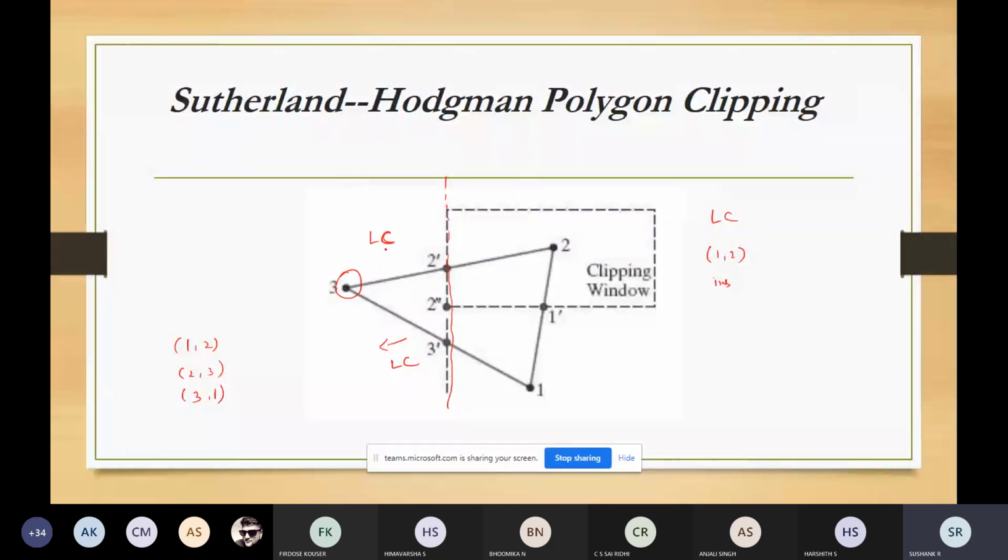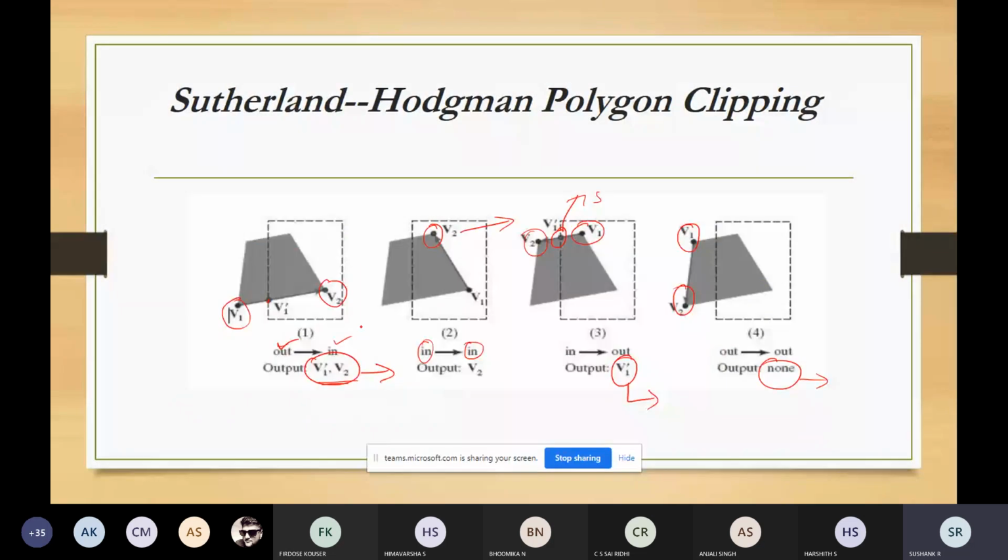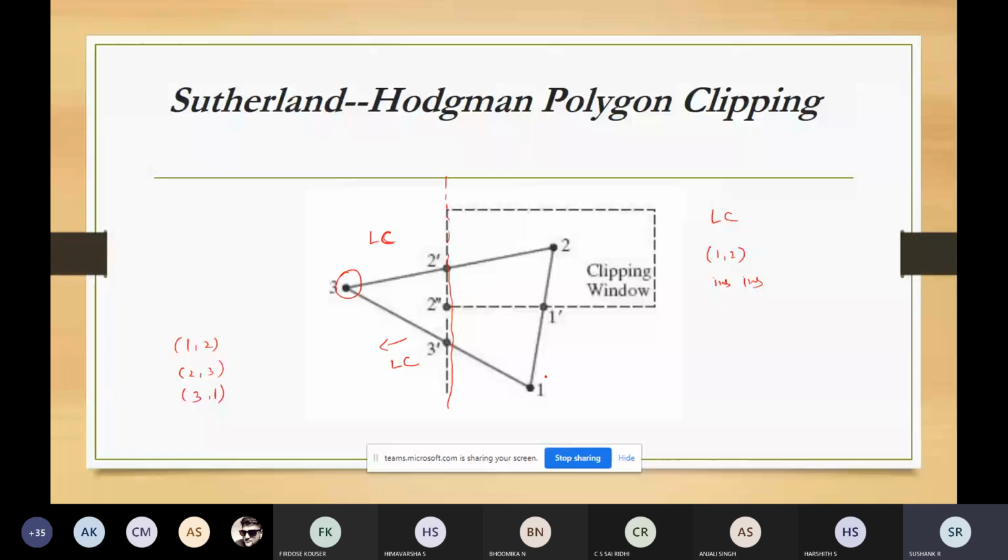When both are inside, what will be my output? My output will be v2. 1 is inside, 2 is inside, so my output will be 2.